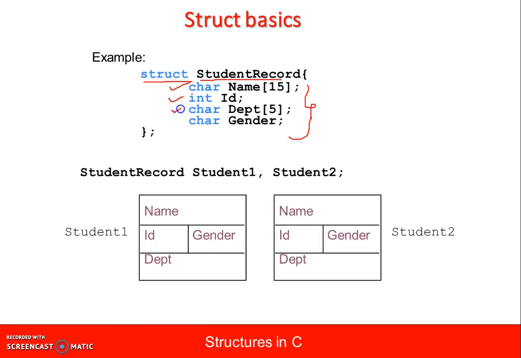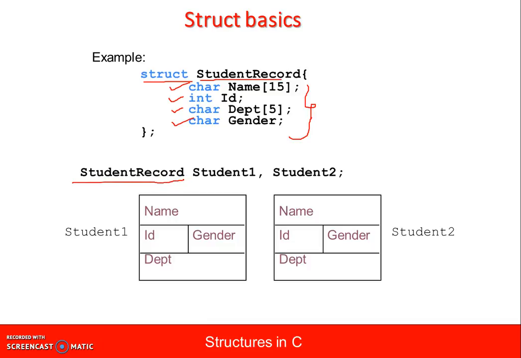Third is again a character array, which from its name is used to store the department name of the student. And fourth is a character variable to store the gender of the student. So this whole is defined as a user-defined data type with the name student record, right?